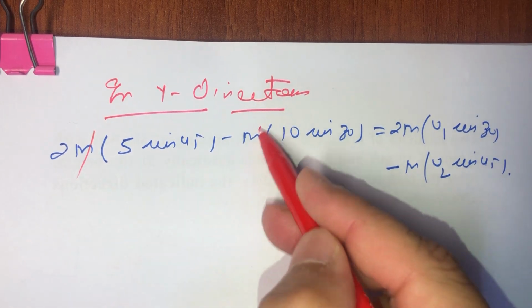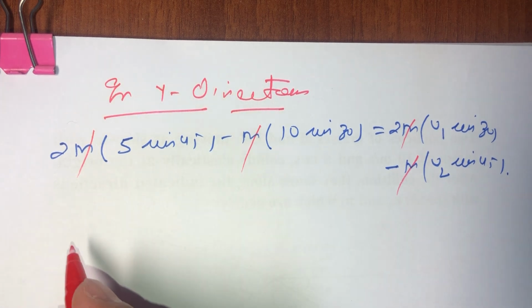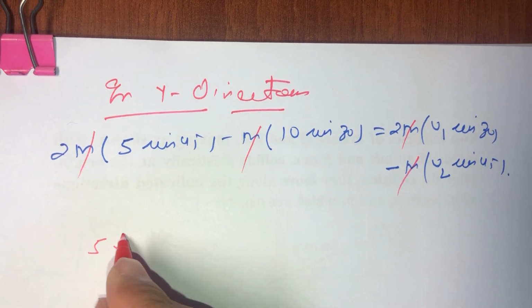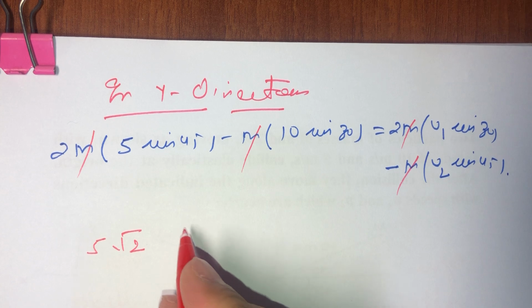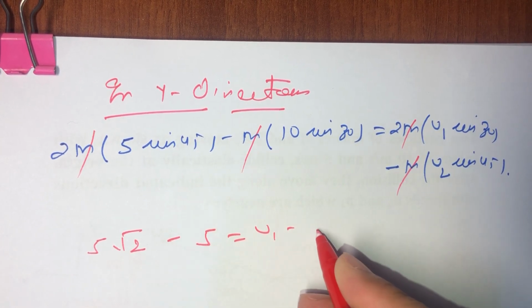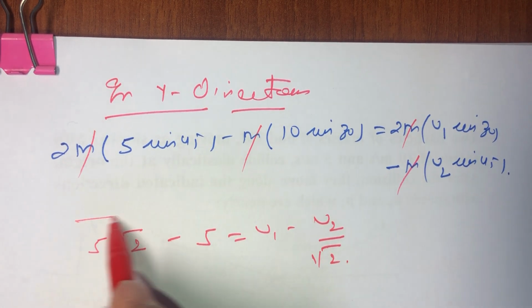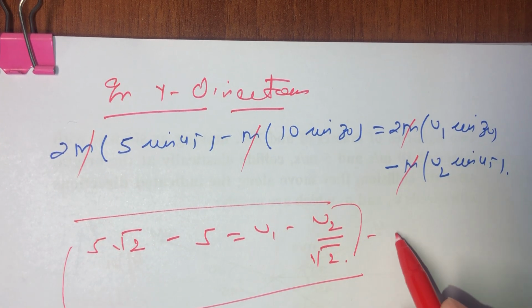This m cancels out throughout, so we can write 5 root 2 minus 5 is equal to v1 minus v2 divided by square root of 2. Let this be equation number 2.